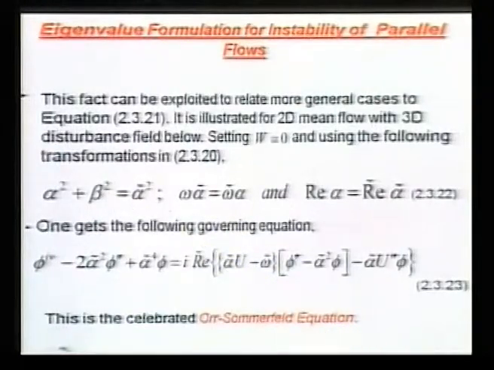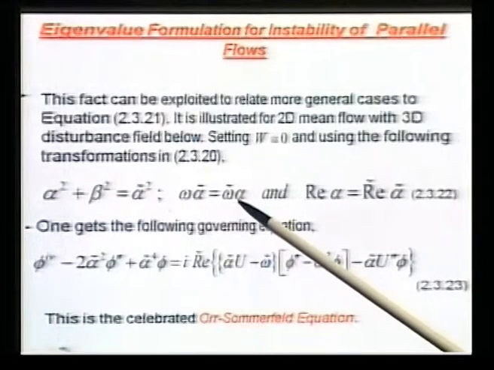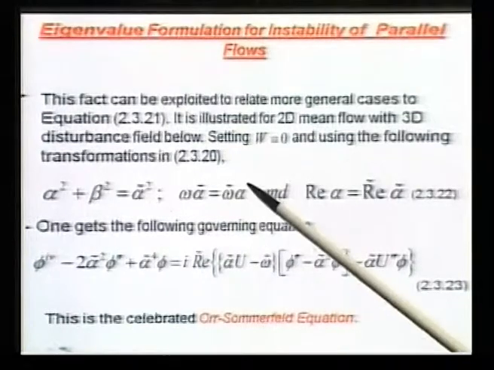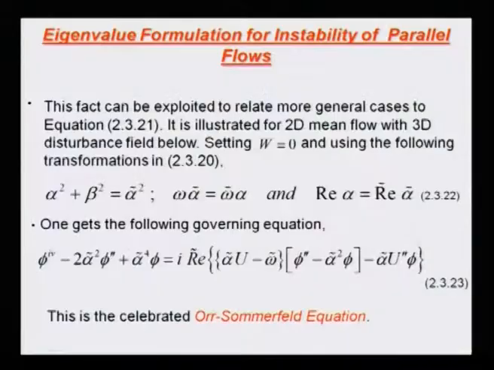So, alpha tilde is probably also complex. Then given omega, which is let us say real for a spatial problem, I could introduce omega tilde through this relation. And the final thing I could do is write Re times alpha in terms of Re tilde times alpha tilde.